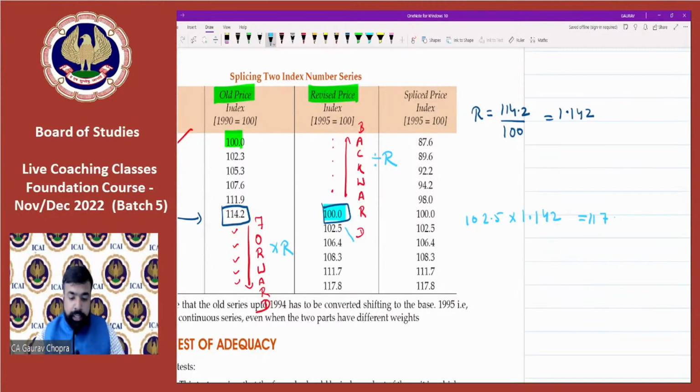Then for the next year, 106.4 multiplied by 1.142, we are getting 121.50. For the next year, 1.142 multiplied by 108.3, 123.68.